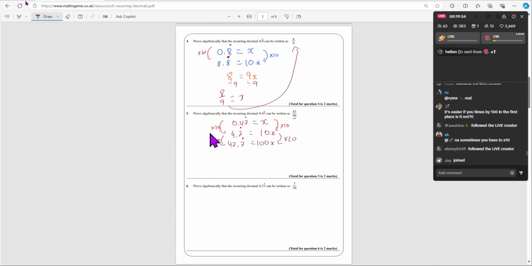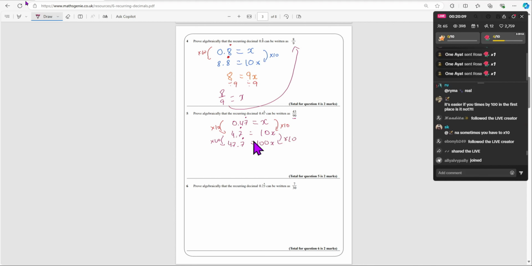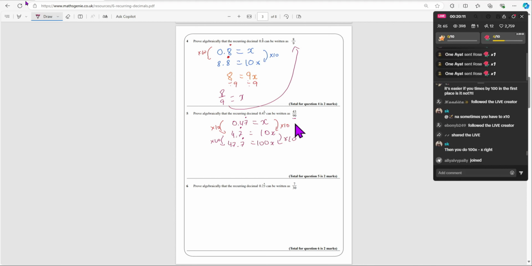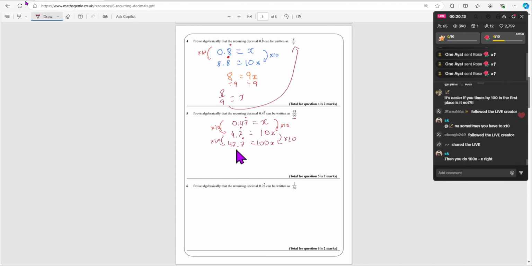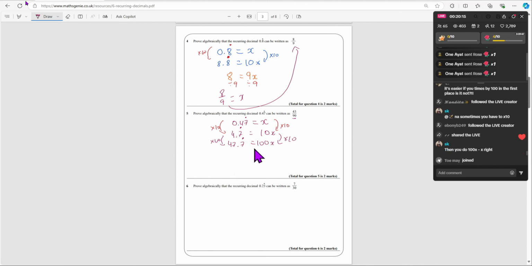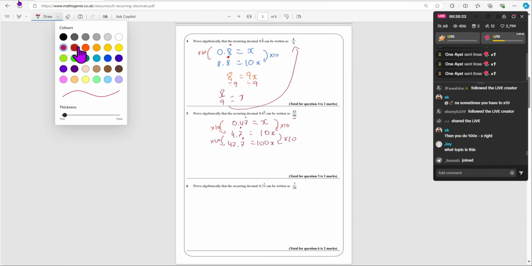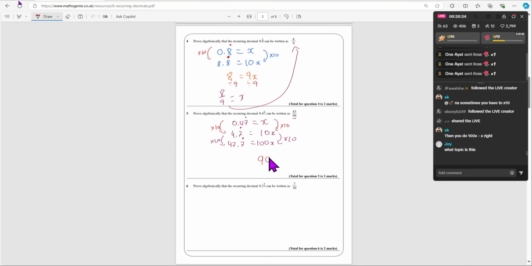Whenever you are trying to convert recurring decimals into a fraction, first you multiply by powers of 10. Then we will subtract 10x from 100x to get 90x. We know that 47.7 recurring is equal to 100x, and 4.7 recurring is equal to 10x.